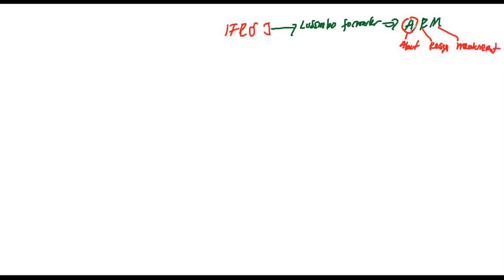So let's start with the A, the about. What is this standard IFRS 3 about? Let me write it properly so that we clearly mention what the standard is about. Yes, this standard IFRS 3 is about this beautiful young lady called Goodwill.